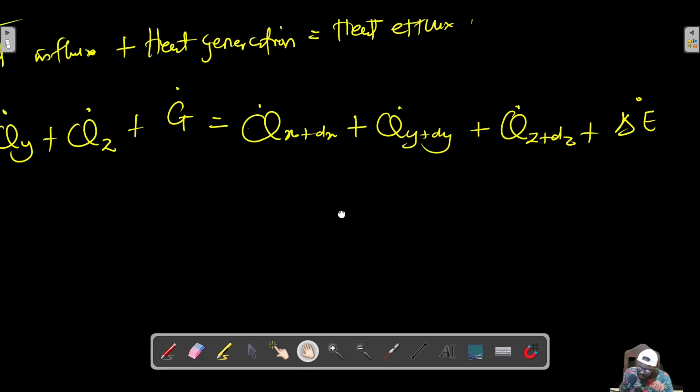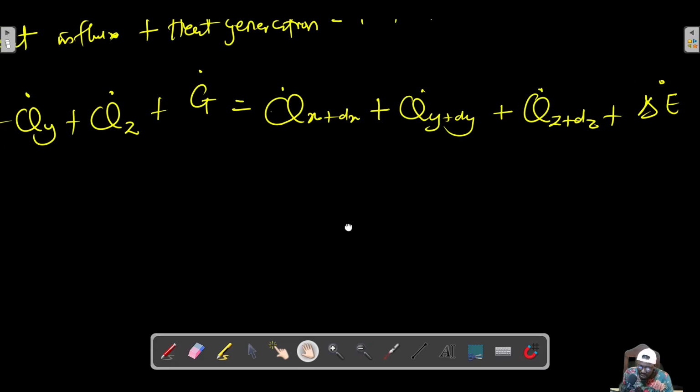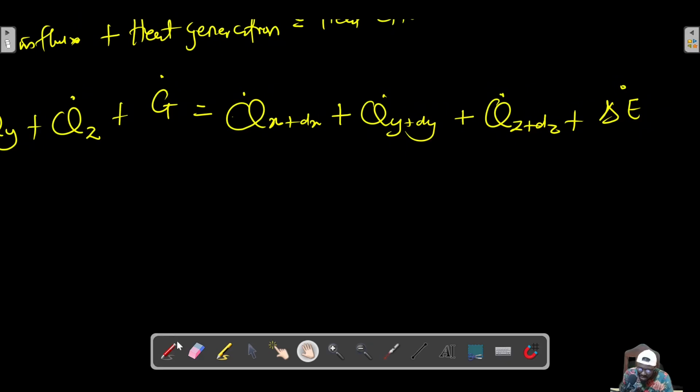Now let us define certain terms over here. Now my J can be written as I said, this is my heat generation, and the heat generation formula is equal to the volumetric heat generation, the time rate of heat generation per unit volume, multiplied by the volume.